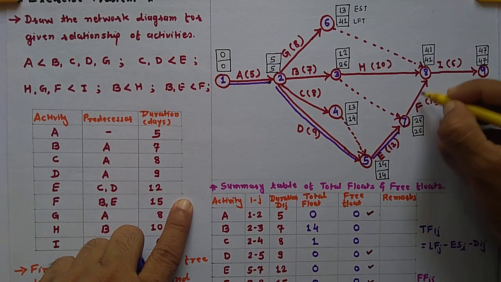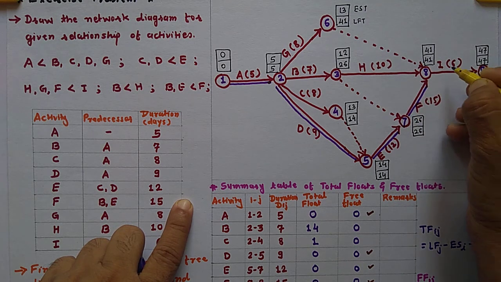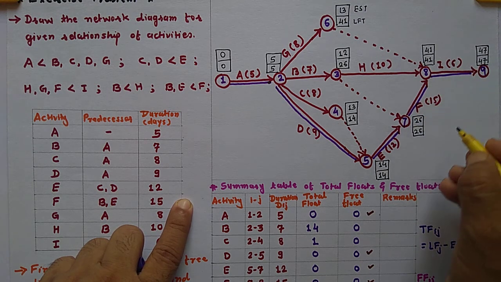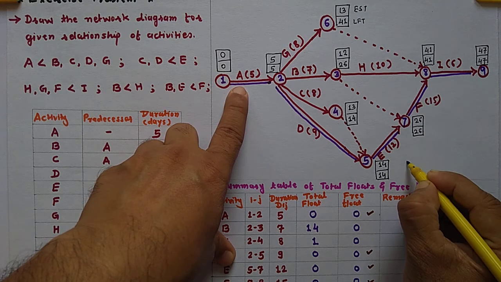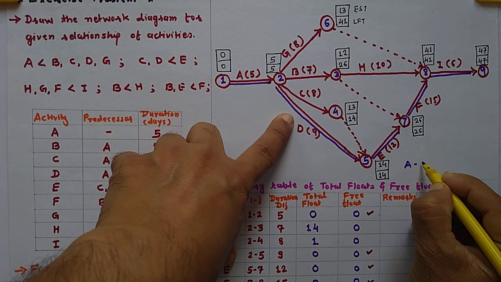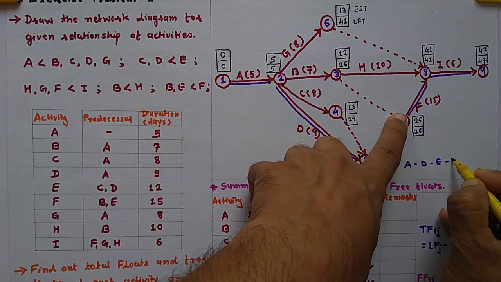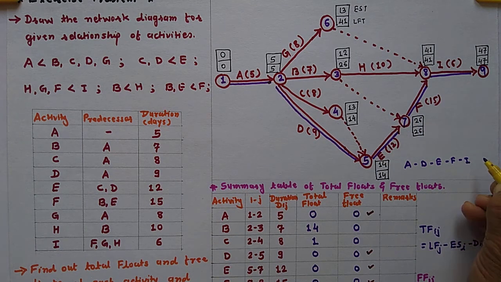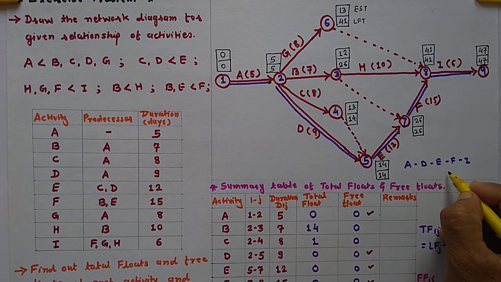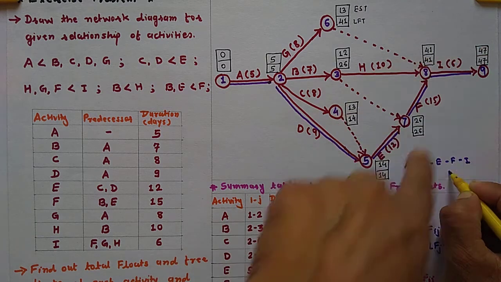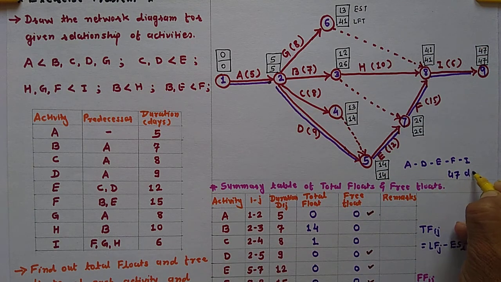So this is our critical path: A, D, E, F and I, and our project completion time is 47 days.